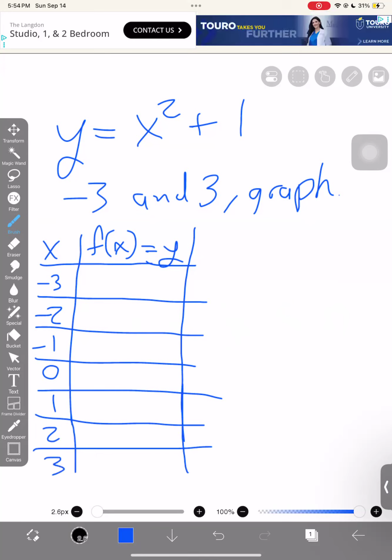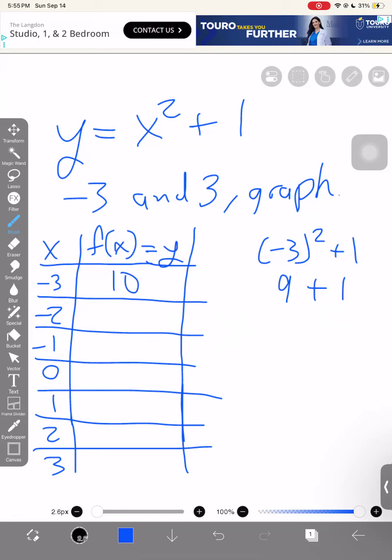All we really have to do is plug in -3 into that value. So first up would be -3 to the power of 2 plus 1. And what is that? Well, -3 to the power of 2 is 9, plus 1 is 10.